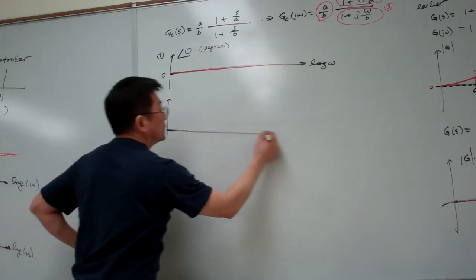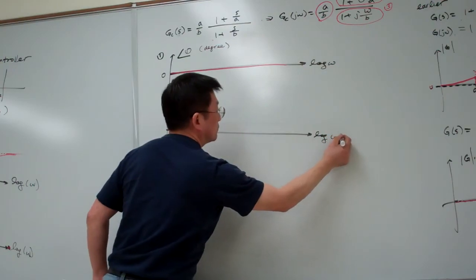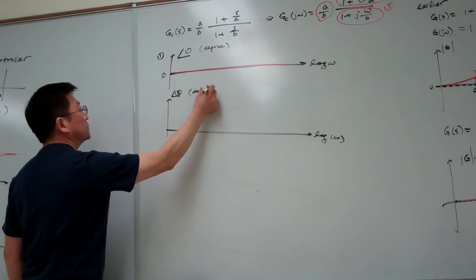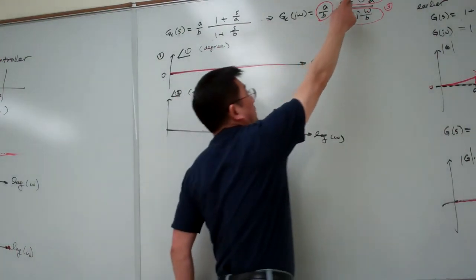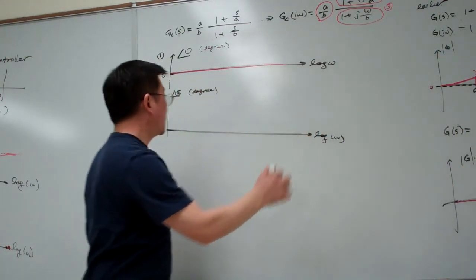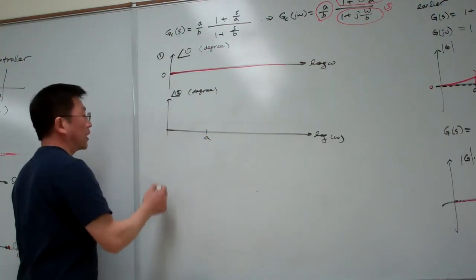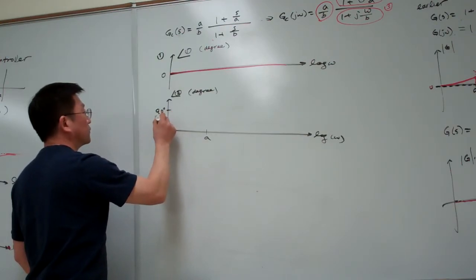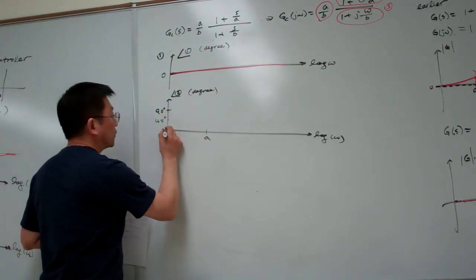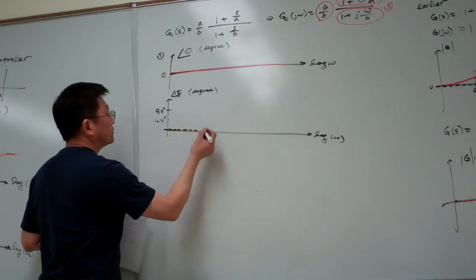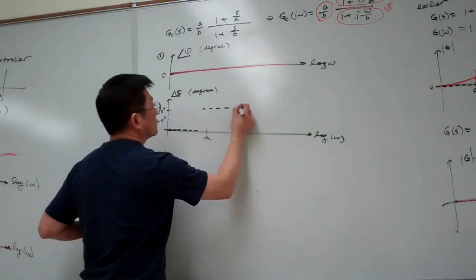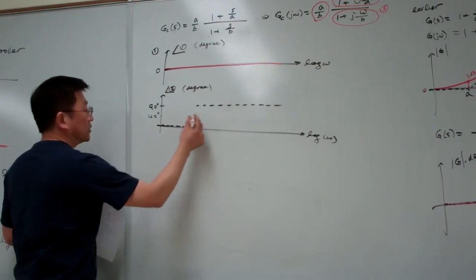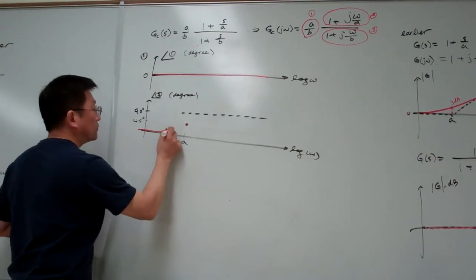For the second term, again in degrees, it is basically like this one, so that's what we have done. Here is the A here, and 90 degrees, and that's the 45 degrees. So the asymptote is like this.